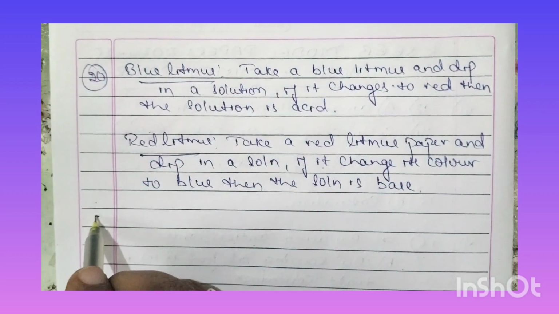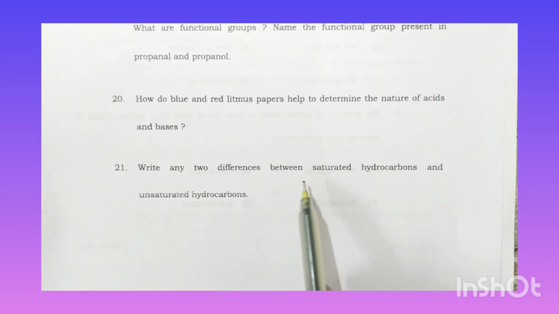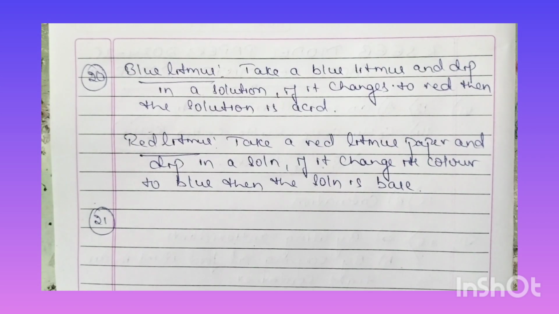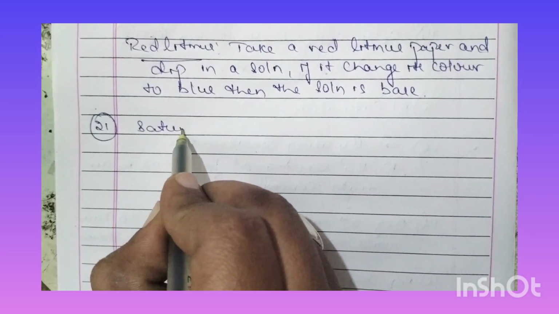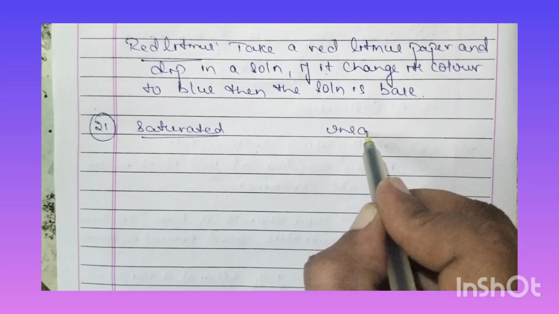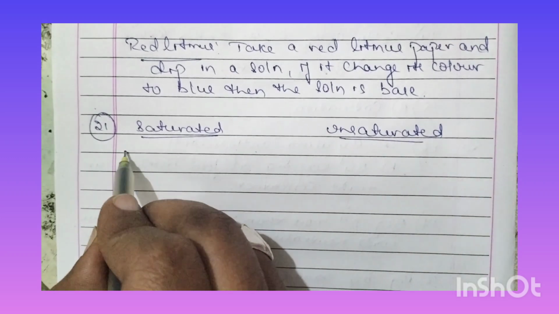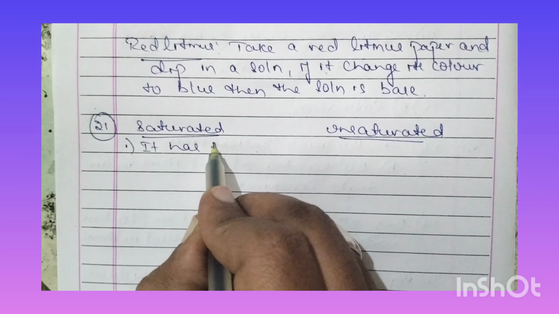Now let us move for 21st question. In the 21st question they have given, write any two differences between saturated hydrocarbon and unsaturated hydrocarbon. So let us differentiate between saturated and unsaturated. Saturated has single bond.